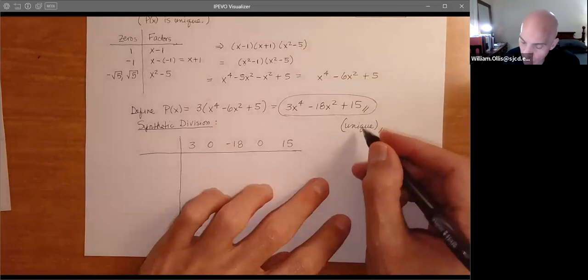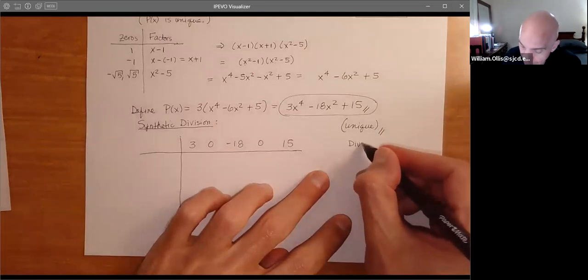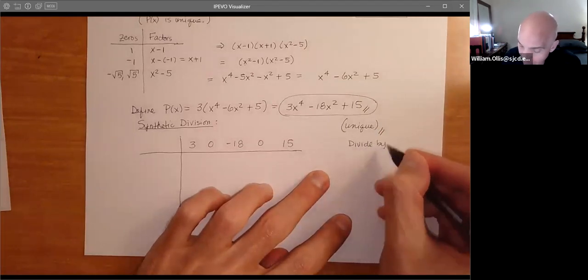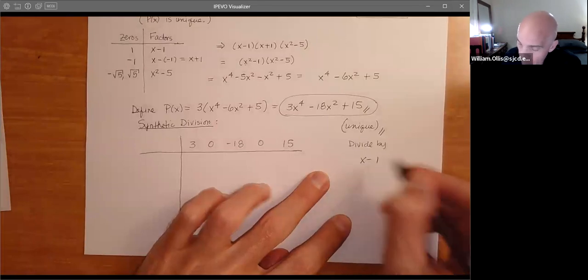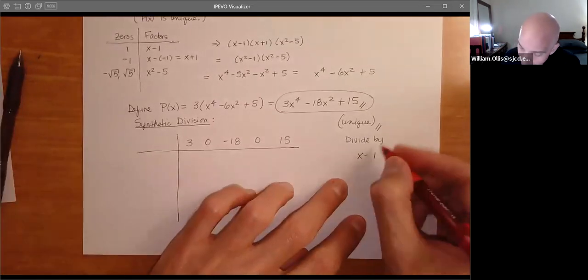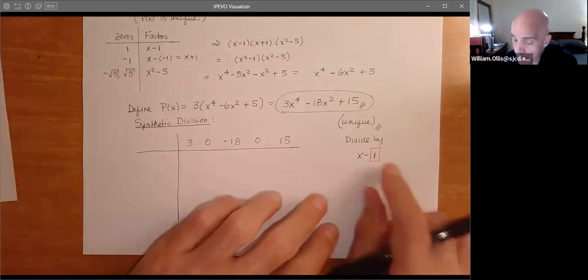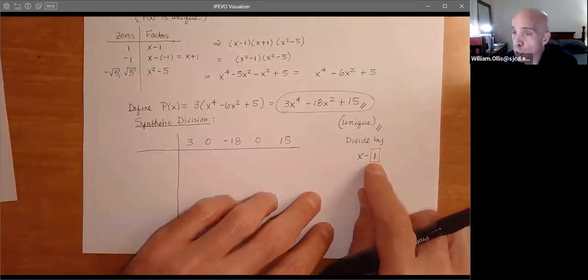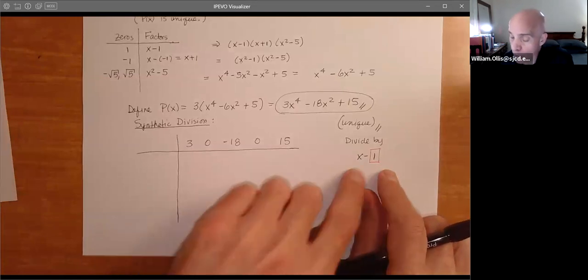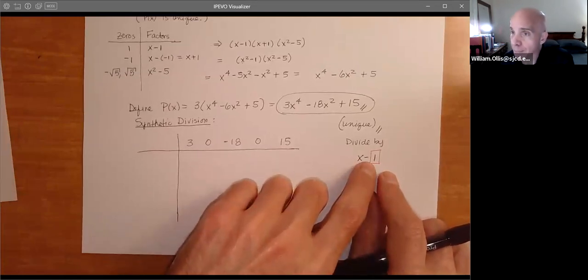Okay, so if we divide by x minus 1, we take the number to the right of the minus sign. We always want to preserve the minus sign.